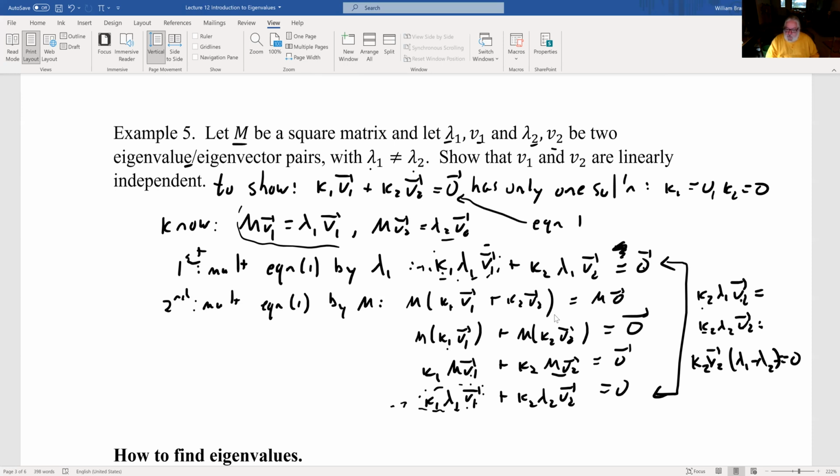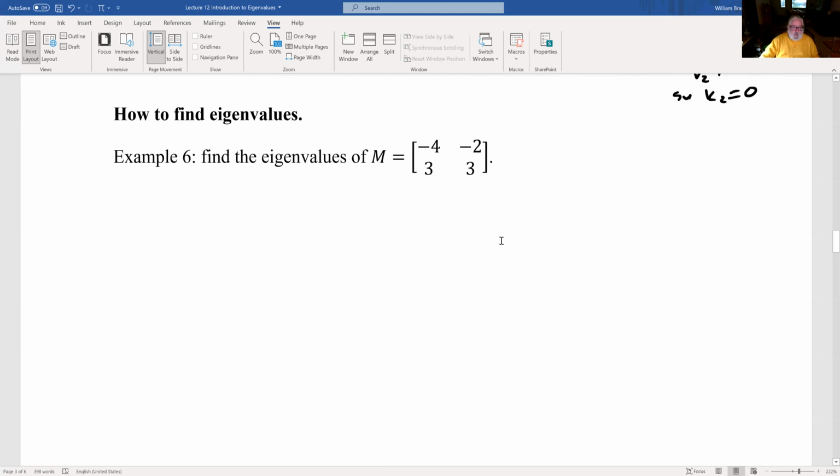Lambda 1 is not equal to lambda 2, so that part is not 0. v2 is an eigenvector, so v2 is not equal to 0. So the only way this can be equal to 0 is if k2 equals 0. And that forces k1 to be 0. Great. So eigenvectors that belong to different eigenvalues are automatically linearly independent, and we don't have to check that. So how do we go about finding eigenvalues? Up above, we just said, here are eigenvalues, but here we want to see how to find them.